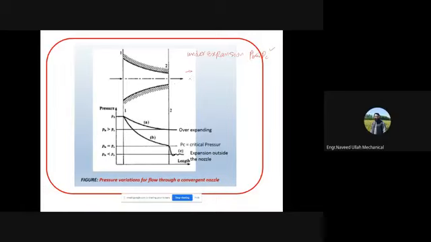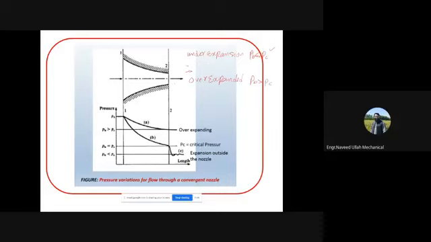And then we have the over expanded case, where this PB, that is the back pressure, is greater than PC. And in between these two, we have the right amount of expansion.